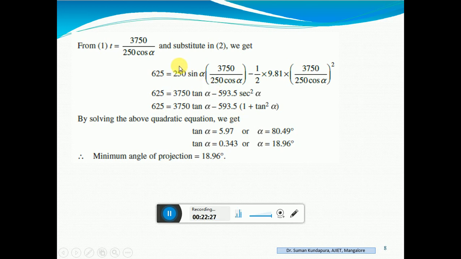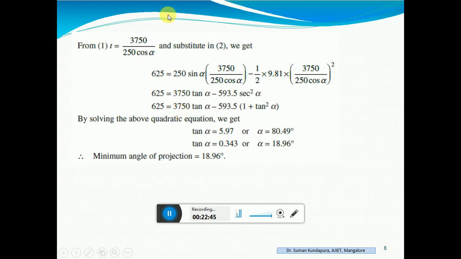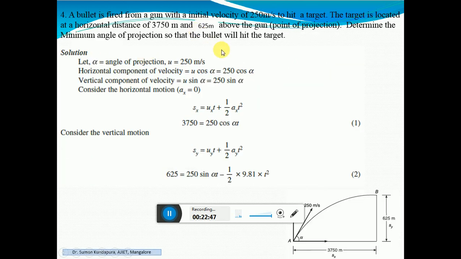We have the equation, that is x is equal to ut. Okay. So x is equal to ut, where you substitute the value. Okay. 250 cos alpha, that is here, this one, the horizontal component, into time t.